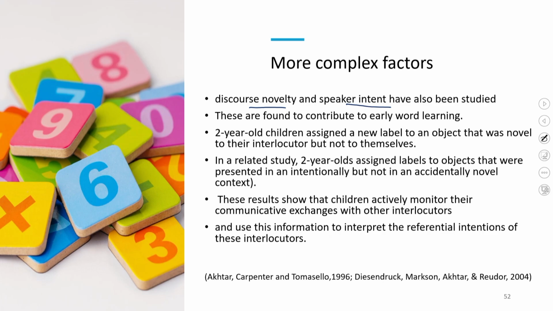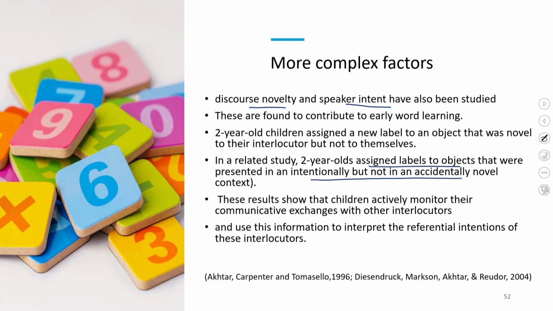So, in a related study, 2-year-olds assigned labels to objects that were presented in an intentionally, but not in an accidentally novel context. So, basically changing the context of the conversation, the researchers tried to see what the child does. What they found out was the child could assign labels according to the situation of the interlocutor.